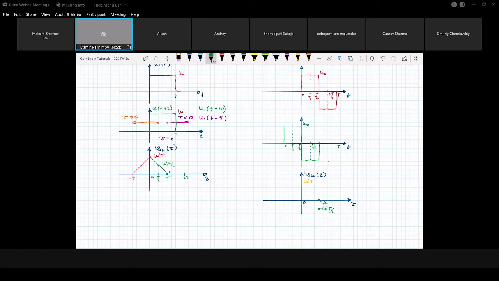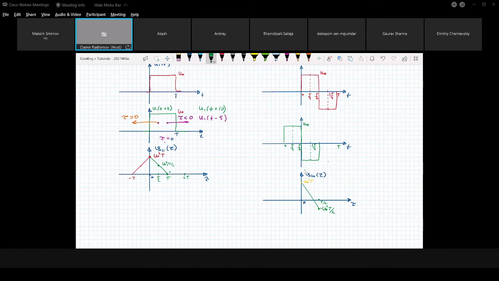And then we simply connect these two points with each other. This is how we get that this correlation will decrease slowly from u0 squared times t to the point minus u0 squared t by 2.